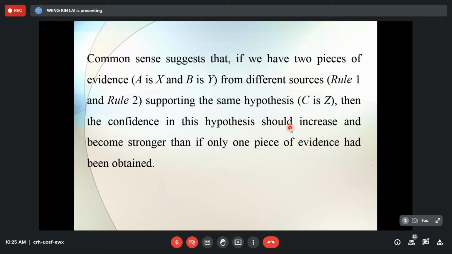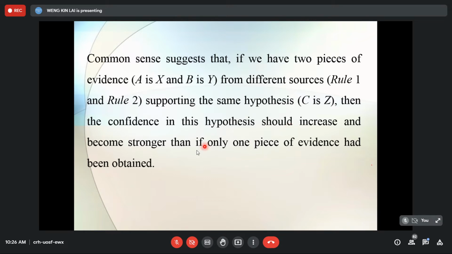Because always remember, what are we doing here? We are trying to build an artificial system based on human intelligence. So humans have this common sense. So we also need to include such common sense into the system itself, even though it's artificial, so as to build a stronger and more intelligent system.